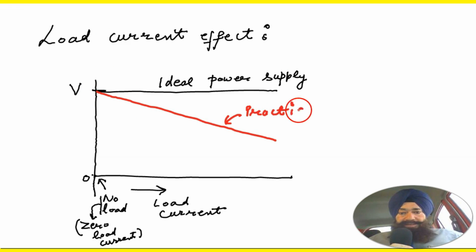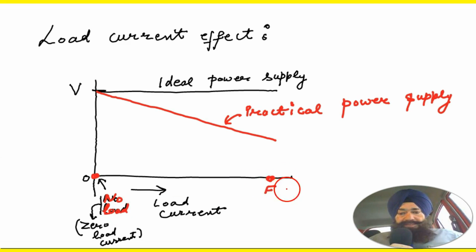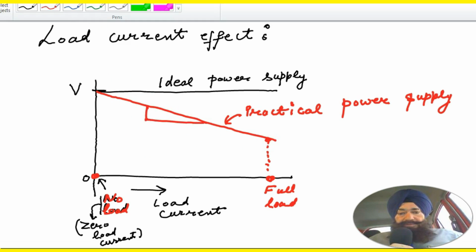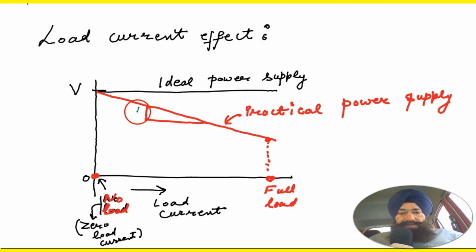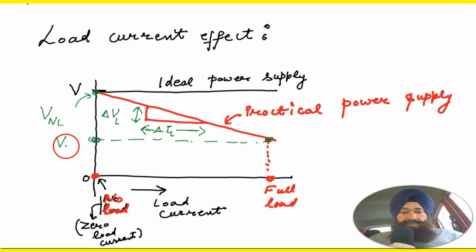But the red line is for a practical power supply, and the output voltage is coming down with increasing load. And when there is a full load, there is a maximum change in the output voltage. This is delta V, the change in the output voltage, and delta IL, the change in the load current. So here there is a maximum effect at full load.